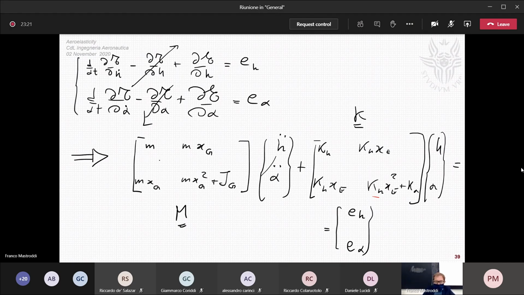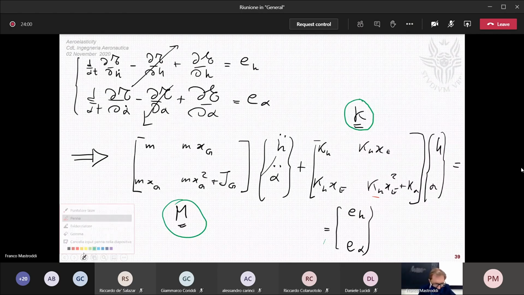And with this mass matrix and this stiffness matrix, as you can see, this mass and stiffness matrix are symmetric, as you expect, and also positive or semi-definite positive for the stiffness, and correspondingly to this h and alpha degree of freedom, you have the generalized force Eh and E alpha as forcing term in your equation.